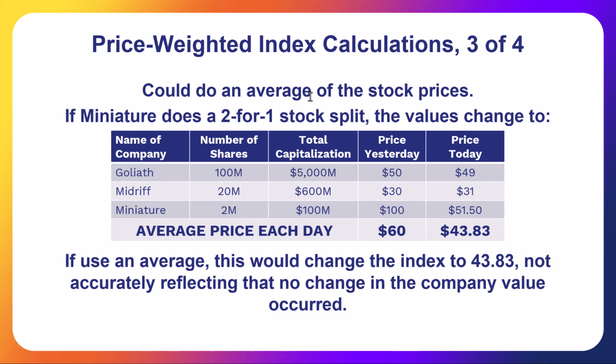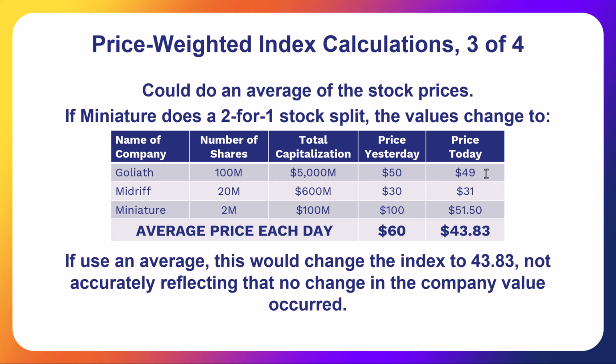So we can do an average of the stock prices again. Let's say this company at the bottom does a 2-for-1 split. So the value changes. On this day, you see that we have that original value: 50 plus 30 plus 100, divided by 3, is 60. But now, because there was a stock split, the price changed.